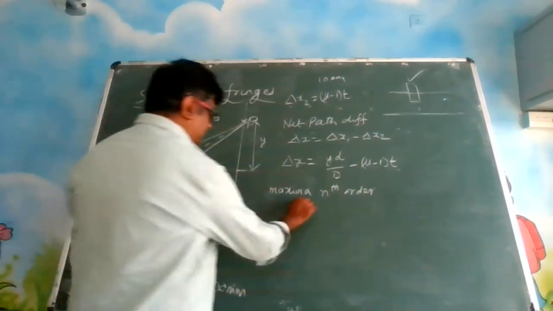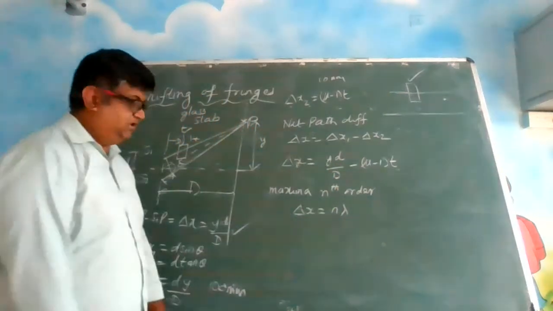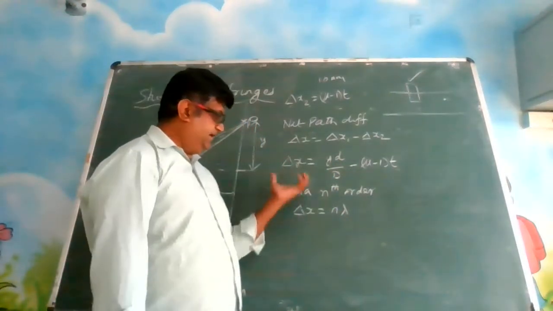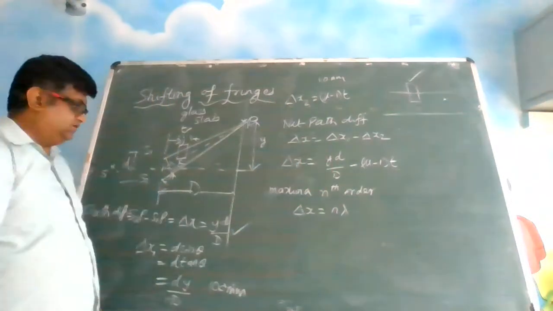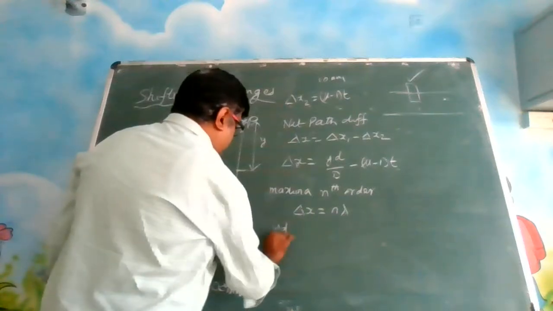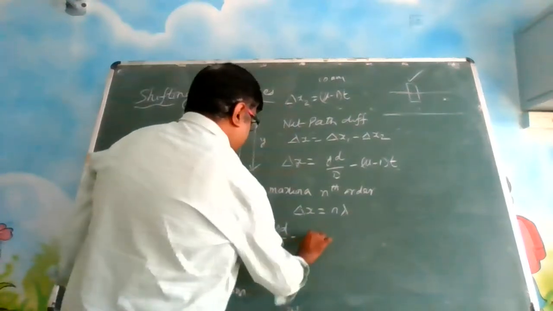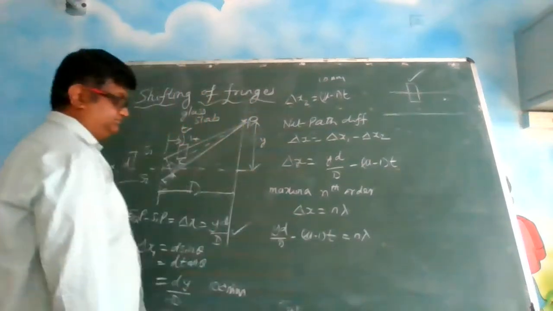Then the path difference has to be equal to n lambda. I told you in the previous class: whenever you see maxima, bright, nth order, n lambda. 1 lambda, 2 lambda, 3 lambda, it should be like that. So delta x is equal to this. So y d by capital D minus (mu minus 1) into t is equal to n lambda.